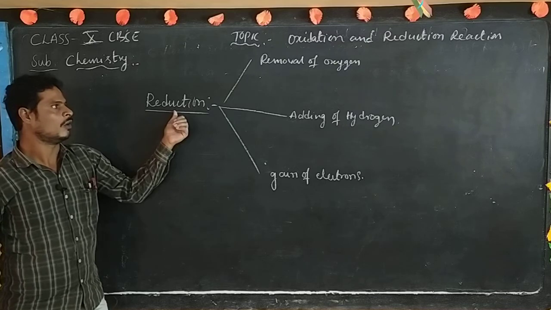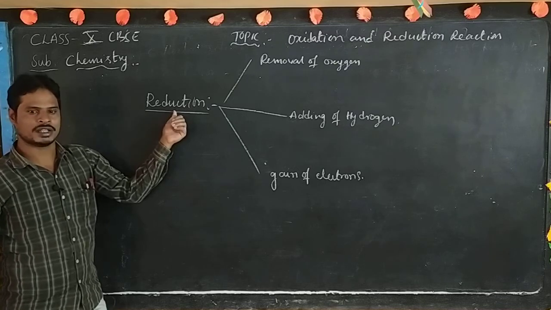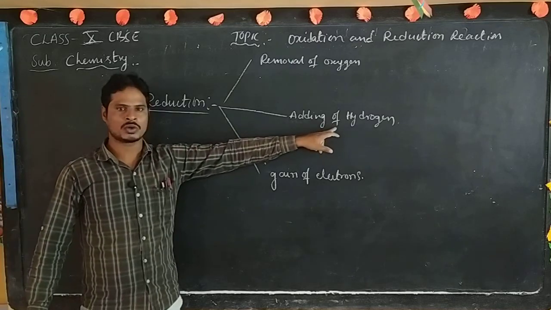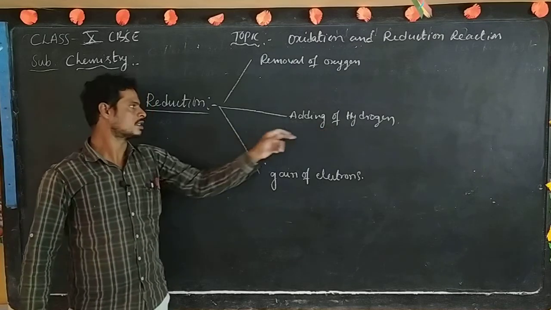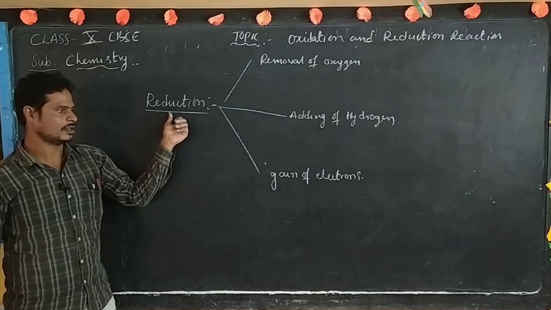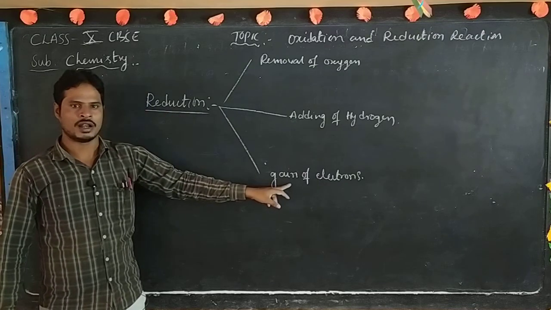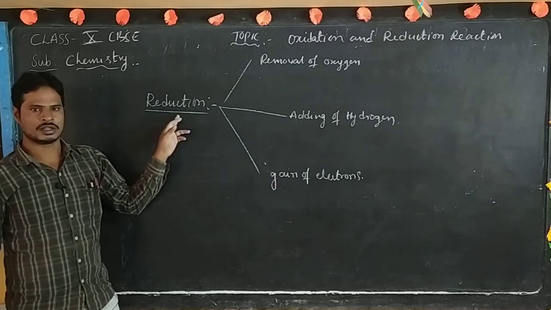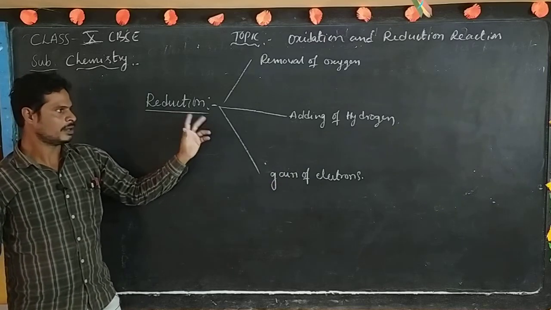Removal of oxygen in a chemical reaction is called reduction. Adding of hydrogen in a chemical reaction is called reduction. Gain of electrons in a chemical reaction is called reduction. So keep this in mind.